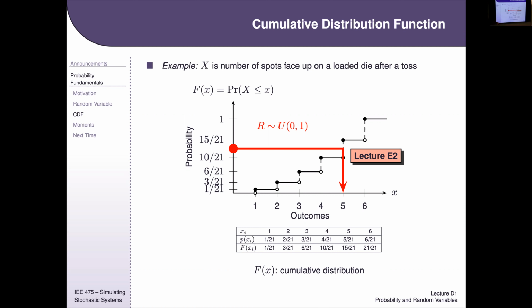And once you have it as a CDF, then you can draw a random number between 0 and 1, which we all know how to do after that last lab 3. And you can turn any random number between 0 and 1 into any random variable that you want by just pushing it through the inverse of your CDF. And we'll talk a lot more about that in lecture E2, but this is a preview of that. This is one of the reasons why we use CDFs so much in this class.